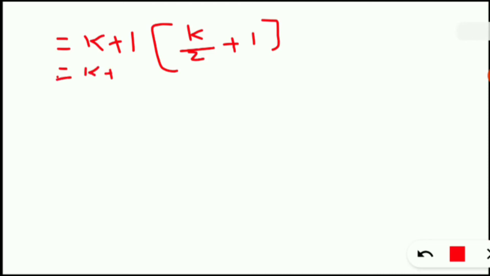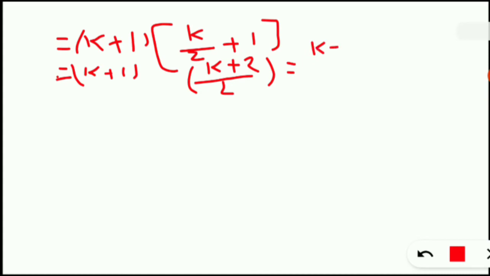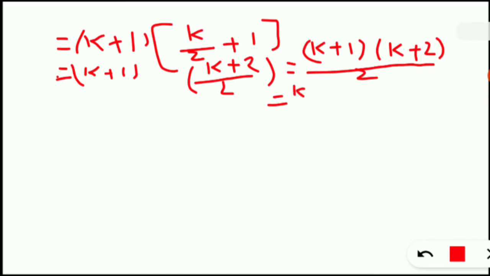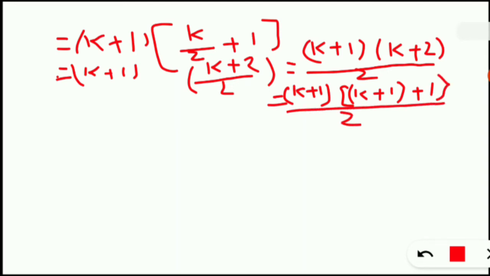Here LCM is 2, that means k plus 2 divided by 2, so equal to k plus 1 into k plus 2 whole divided by 2, so equal to k plus 1 in second bracket k plus 1 plus 1, because k plus 2 can be written in this form, k plus 1 plus 1, whole divided by 2, and this equal to P(k+1). Clear? That's the right hand side.